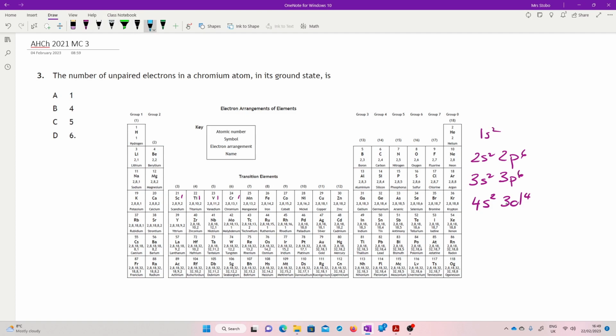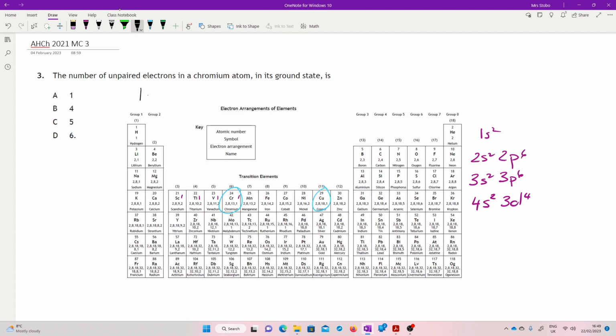But chromium is one of your sneaky ones. This one here and this one here, your copper, both of them basically get enough of a payoff in terms of energy stability by promoting one of the electrons out of the 4s into the 3d to make it more stable.